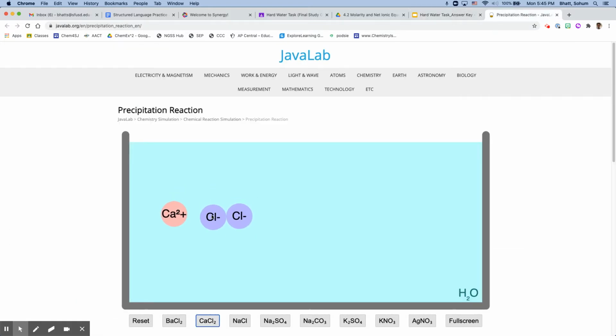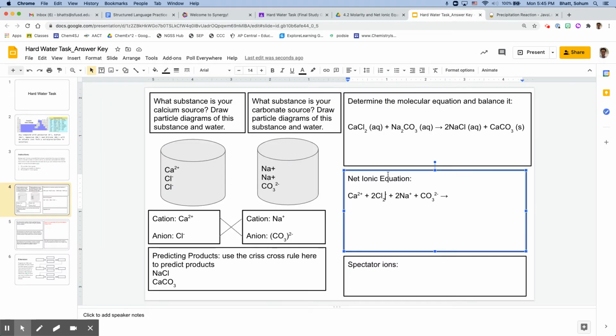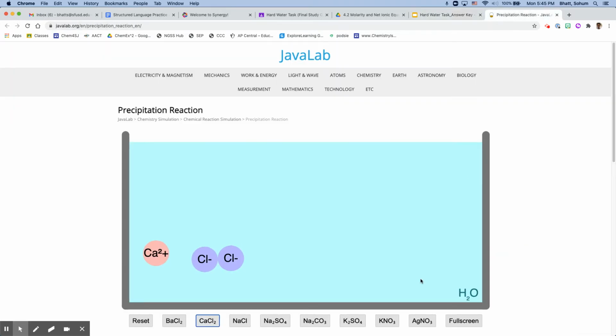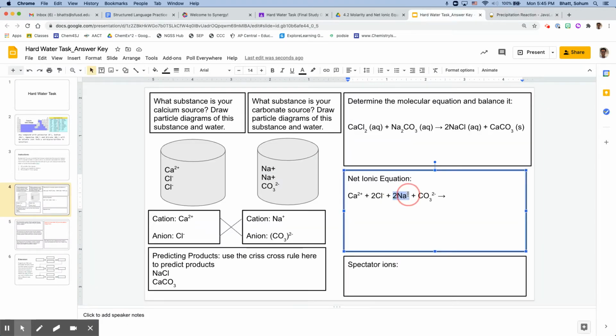The picture is each one of these is Cl, and there happens to be two of them. And so you don't need the Cl2. Over here, your Na2CO3 goes to two Na's and one CO3 2-, and they're kind of floating around with each other. And so now I put two Na's and the CO3 2-.